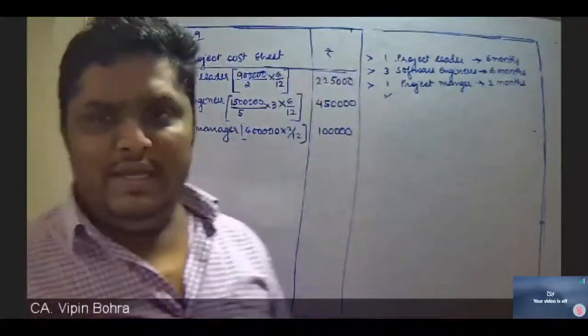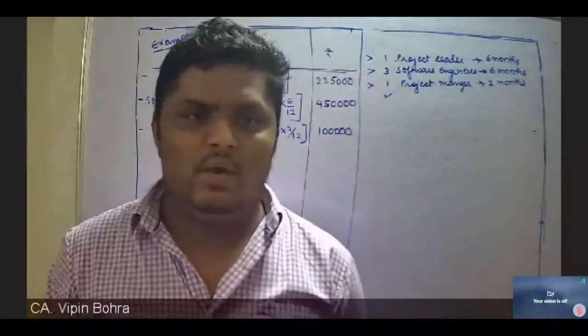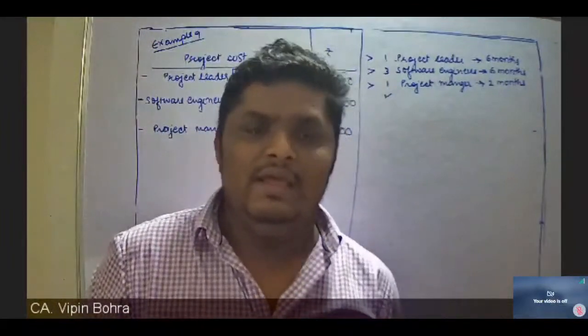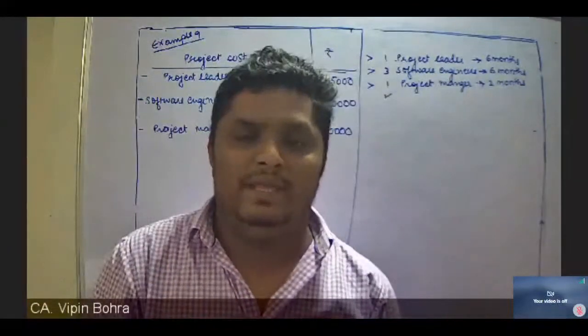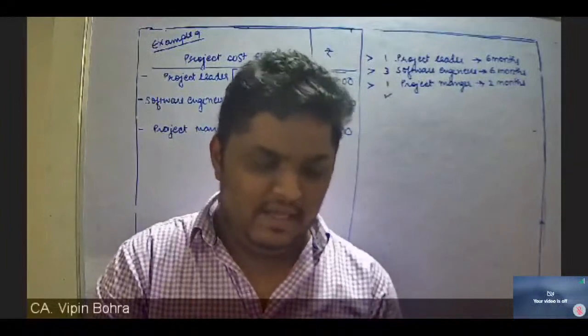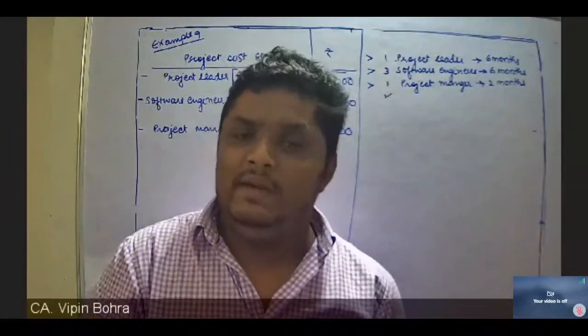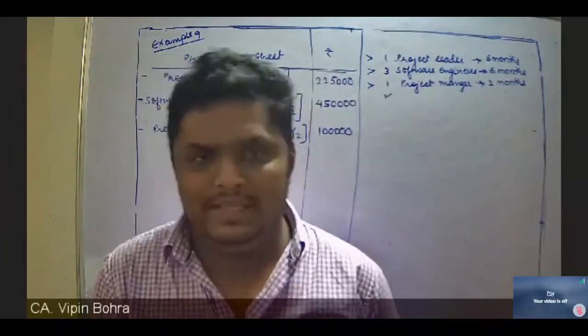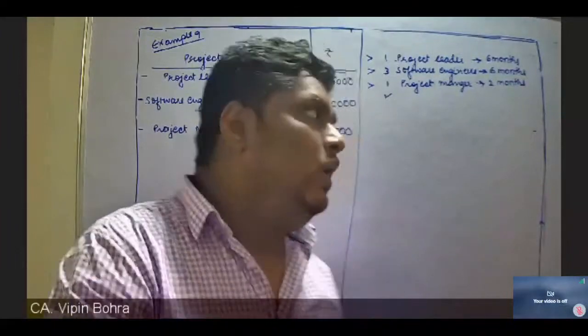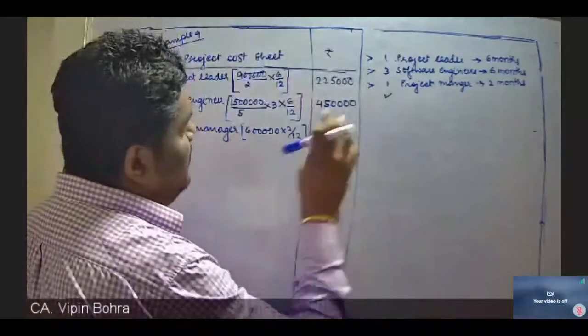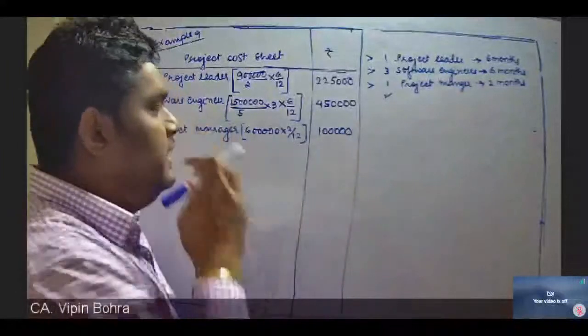Now the issue arises: these repairs and maintenance costs and administration overheads are incurred as a whole in the company. So how to allocate, how to absorb these overheads in this project cost sheet?